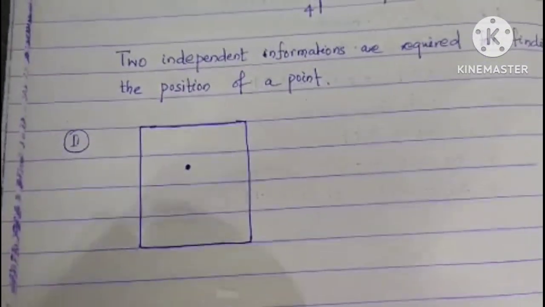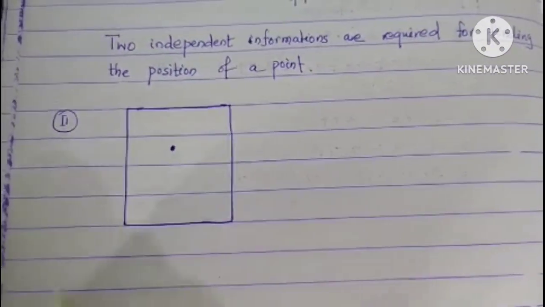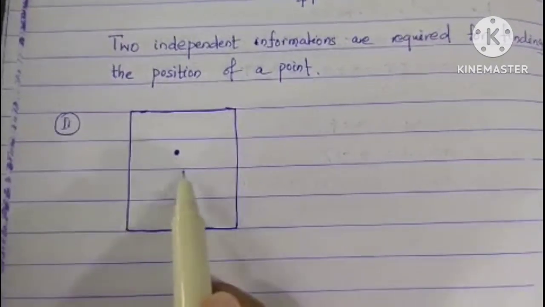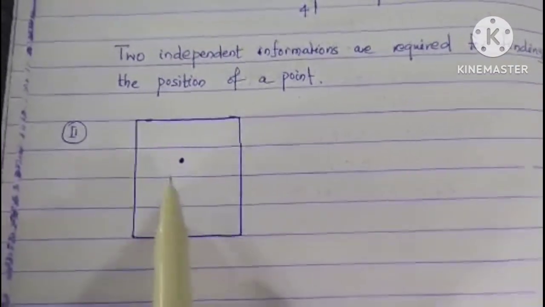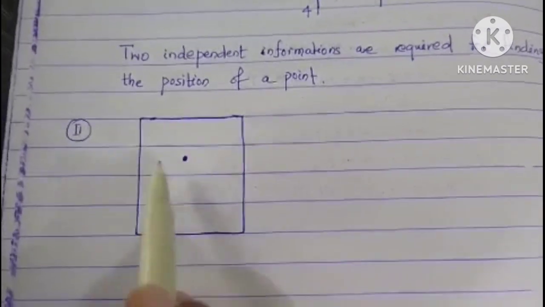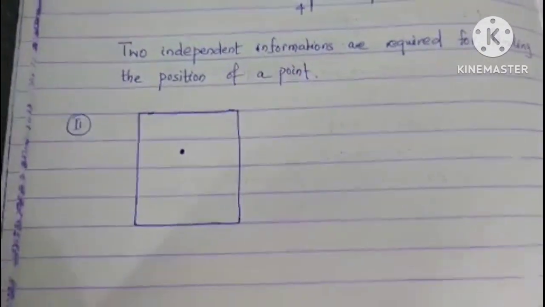You will not be in a good position to tell where this dot is. You can say that this dot is located in the middle upper part of the box, or that it is situated near the left corner. But that will not be the exact location of the dot.